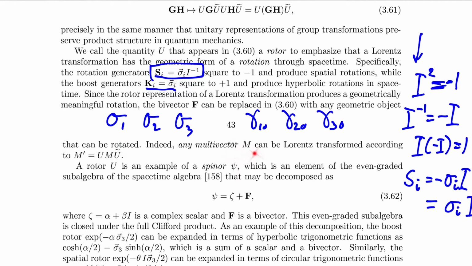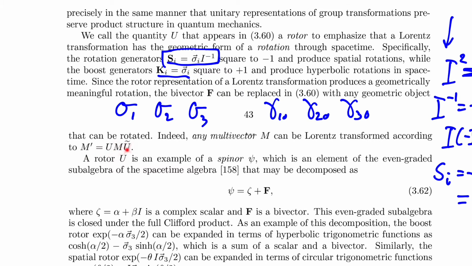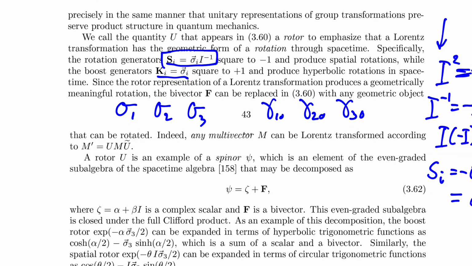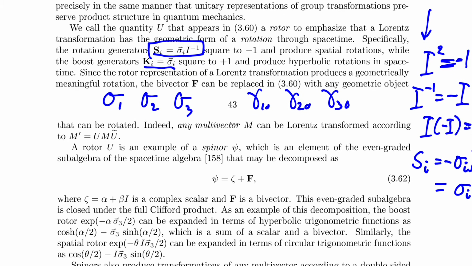Indeed, any multivector M can be Lorentz transformed according to U M U inverse. Now, if you go back to where we studied rotors and rotations, we proved this. We proved that any multivector M can be Lorentz transformed or rotated according to this prescription, right?